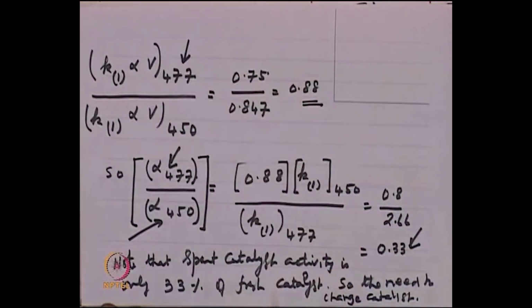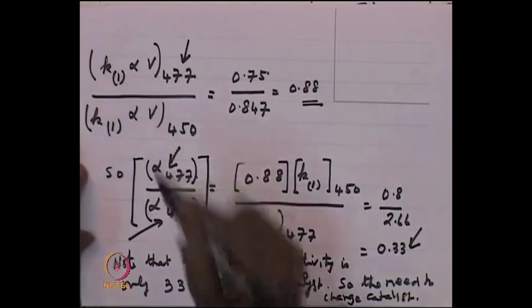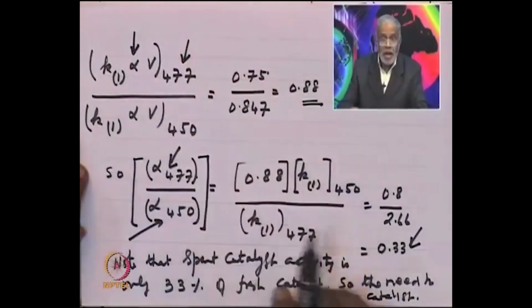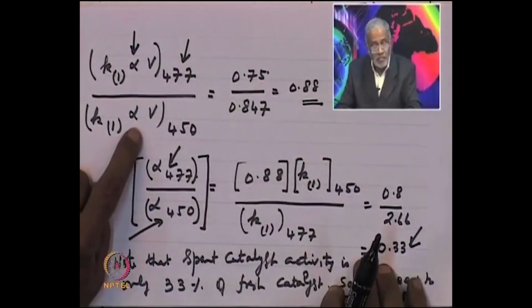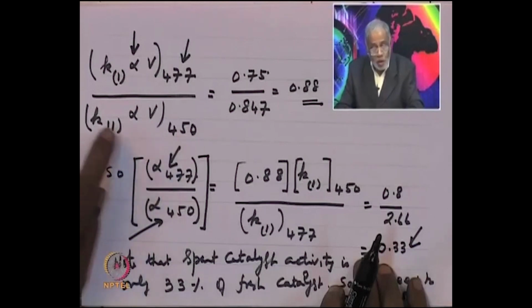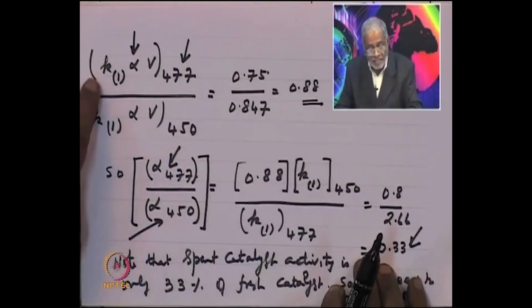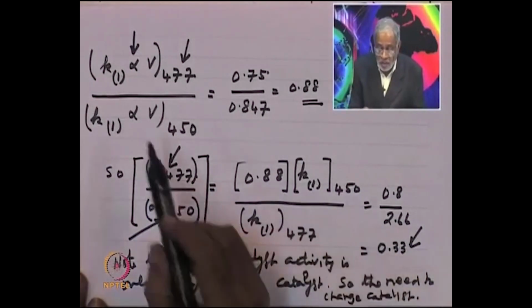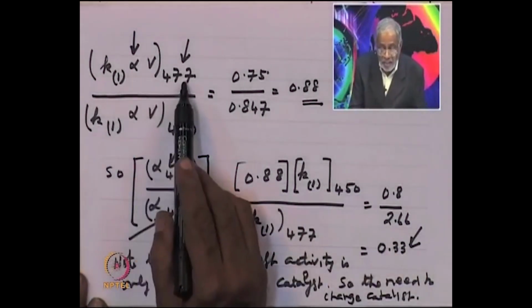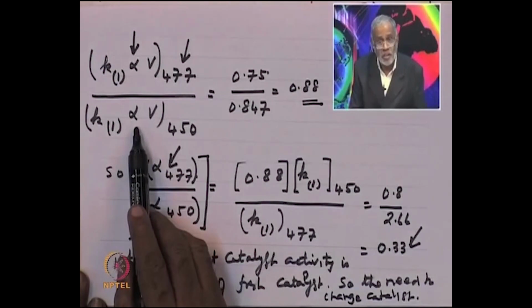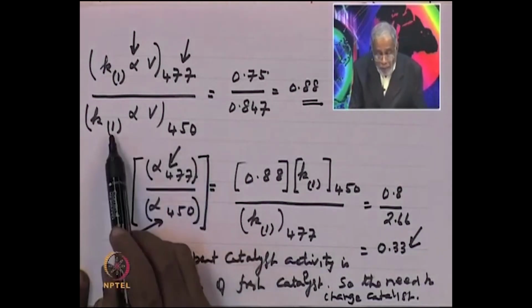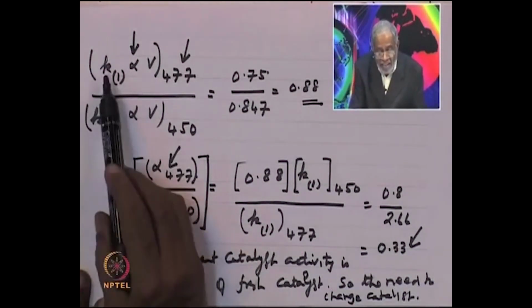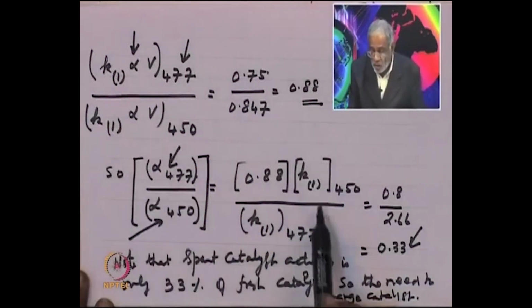Therefore, we want to check the activity of spent catalyst at 477, and we want to compare this with the activity of the catalyst at 450, and through this manipulation we have been able to find out what is the activity of spent catalyst at 477 in relation to the activity of the catalyst at 450 by multiplying by the appropriate reaction rates at the two temperatures. That is what I have done.